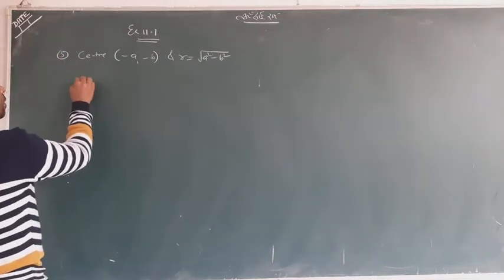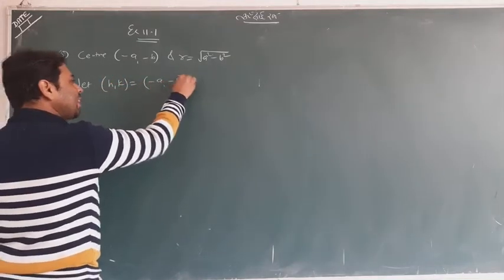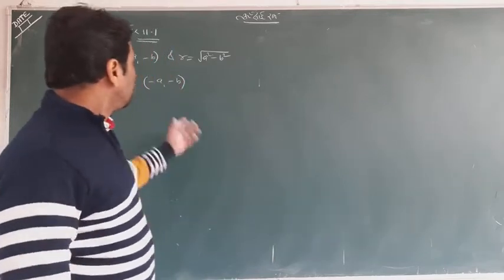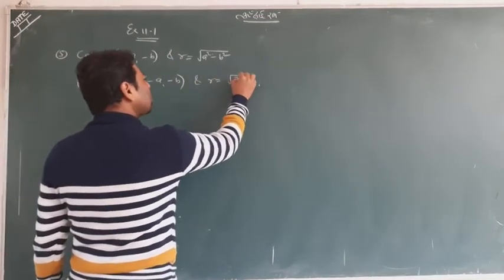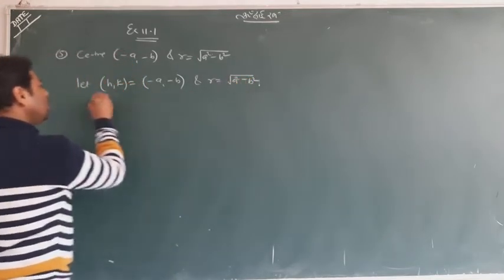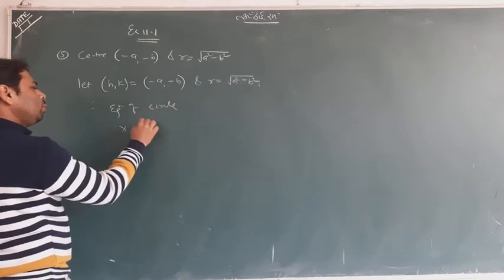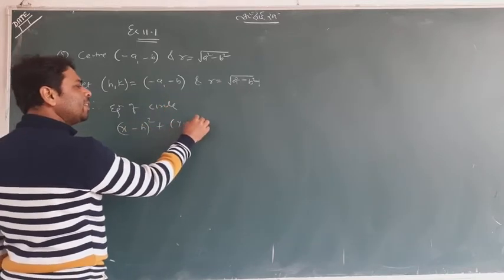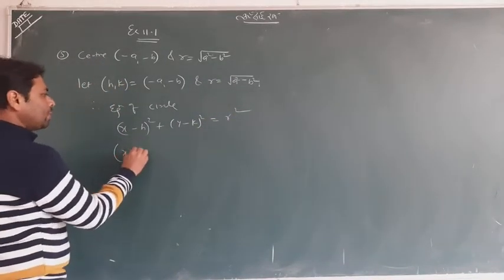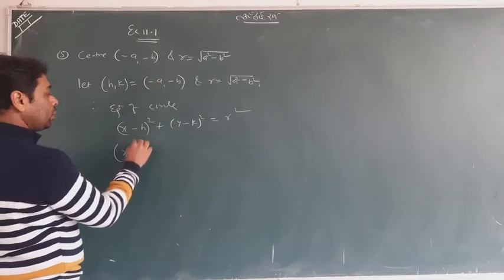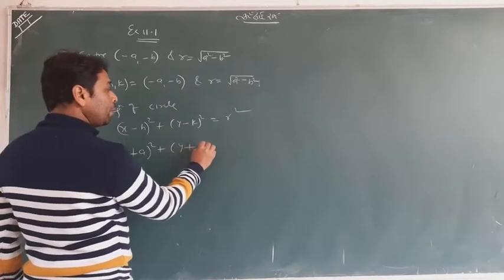So I write here h, k. Please try to understand, when the radius is given and the center is given, you consider it like that, and r is equal to a square minus b square. So the equation of the circle is, you should remember, when the center and radius are given, we use this formula and put in the values. x minus h, h meaning minus a, so it becomes plus a, y minus k meaning plus b.